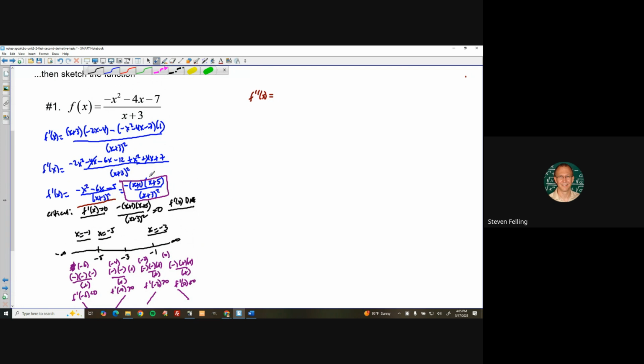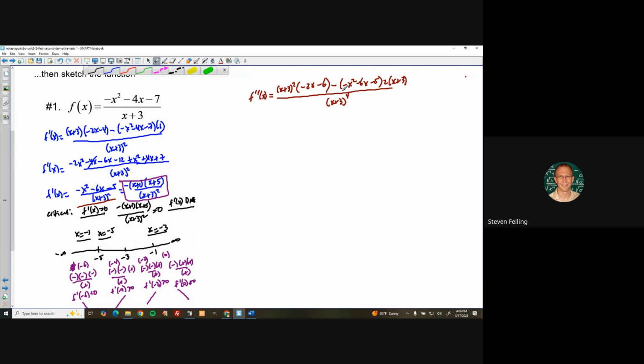That's going to be low, which is x plus 3 squared, times the derivative of the high function, which is negative 2x minus 6, minus the high function, negative x squared minus 6x minus 5, times the derivative of the low function, which is extended power rule, 2 times x plus 3 to the first power times the derivative of the inside, which is 1, over x plus 3 squared, which is to the fourth power.